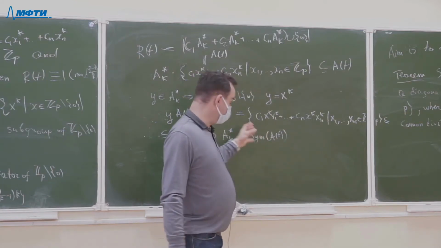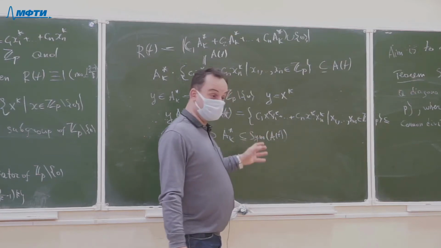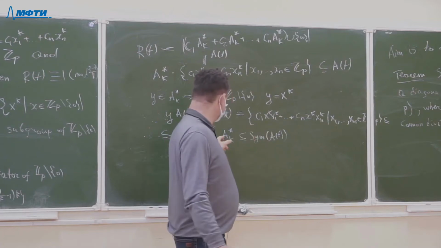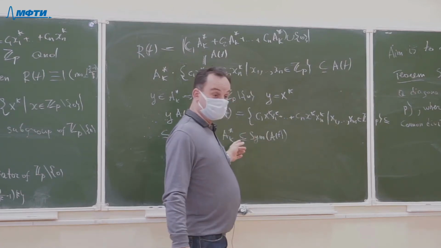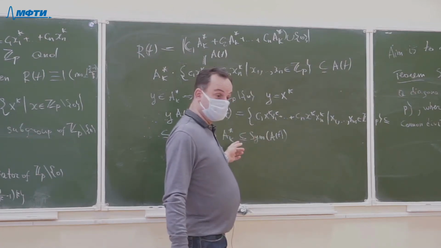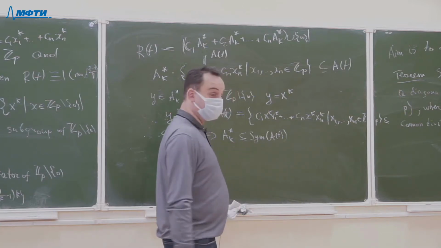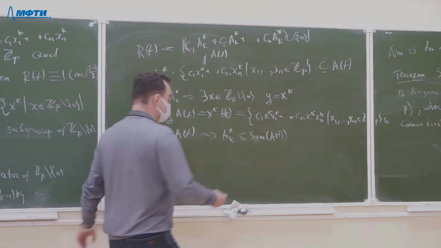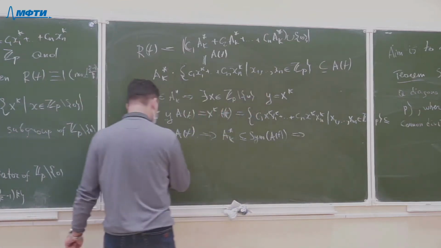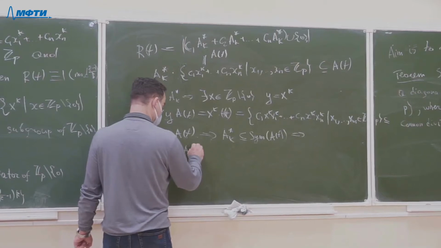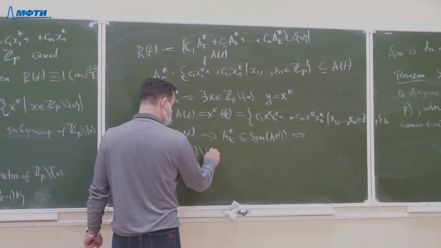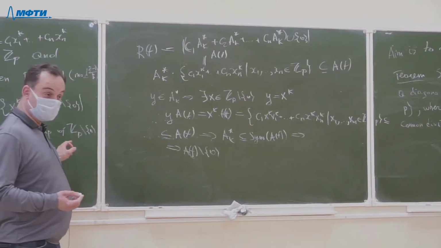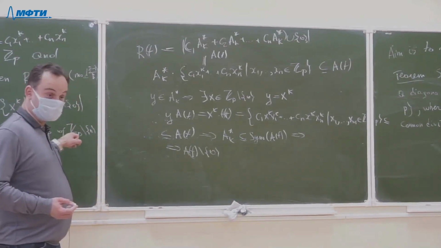Remember we proved that AF is a union of cosets of the symmetry subgroup. So AF is a union of cosets of AK star, but cosets in ZP without 0. So AF without 0, because we have to put everything inside this group, and 0 is not inside the group.